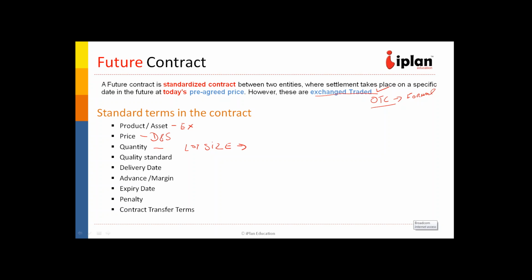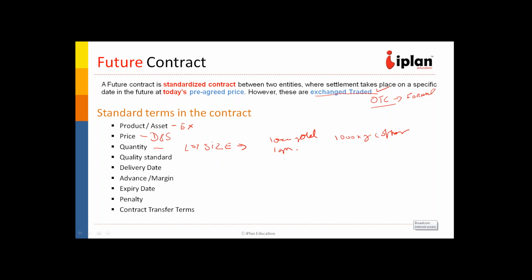Let's say they will set that you can buy a minimum of 1 ounce of gold. You cannot buy 1 gram of gold. They'll set a lot size, like you have to buy at least 1000 kgs of copper. You cannot buy, let's say, 1 kg of copper online.